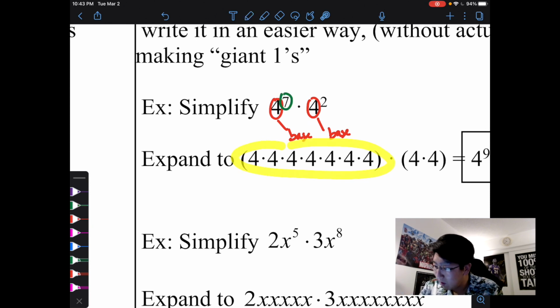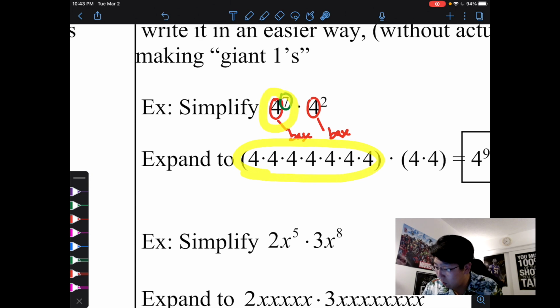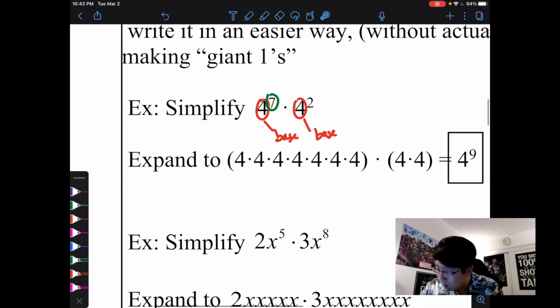So I'm going to write this out. 4 to the 7th power, you can see is 1, 2, 3, 4, 5, 6, 7. You can see that there's 4 times 4 times 4 times 4 times 4 times 4 times 4, 7 times. So you can see that this is represented right here. And 4 to the 2nd power is 4 times 4.